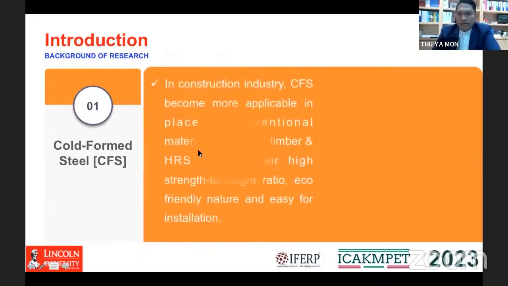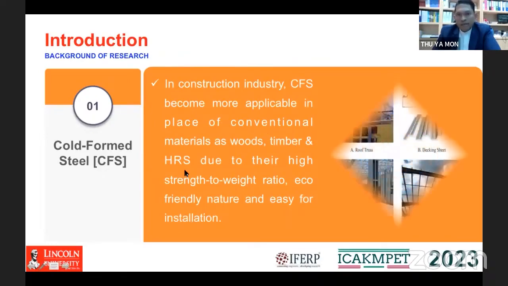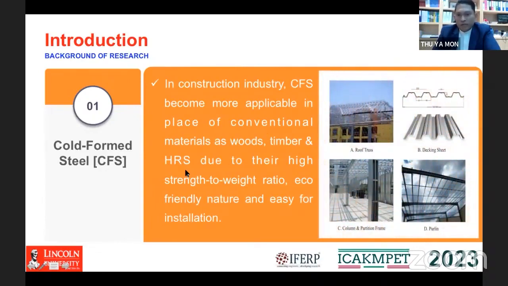Nowadays in the construction industry, builders and engineers have begun to use cold-formed steel in place of conventional materials like wood, timber, and hot rolled steel because of its high strength to weight ratio, eco-friendly nature, and ease of installation. Here in this figure, we can see applications of cold-formed steel in building construction, not only as non-structural components, but also as structural members.